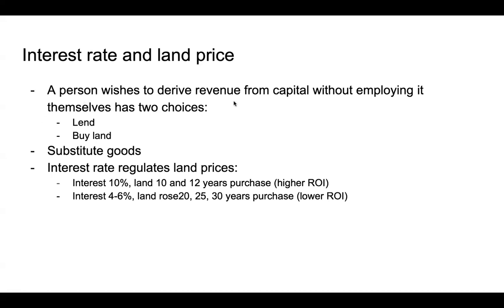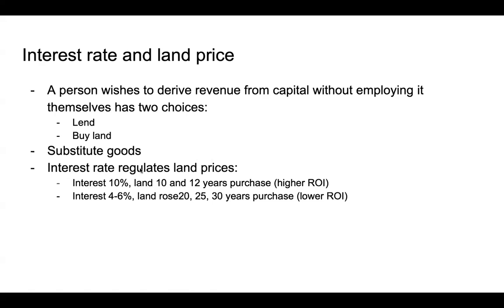A person who wished to derive revenue from capital without employing it personally has two choices: lend it to somebody else and take the interest, or buy land and take the rent. From this point of view, loan versus land are really substitute goods for people with capital who do not wish to employ it personally.